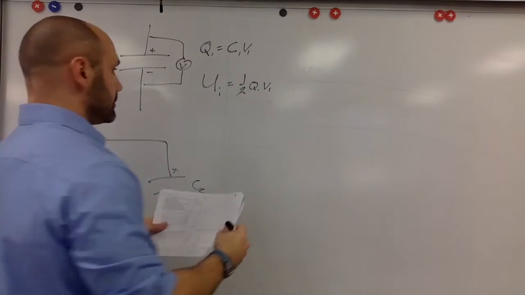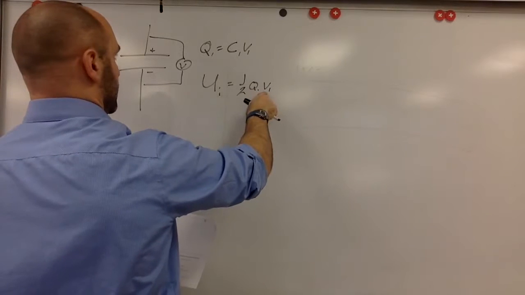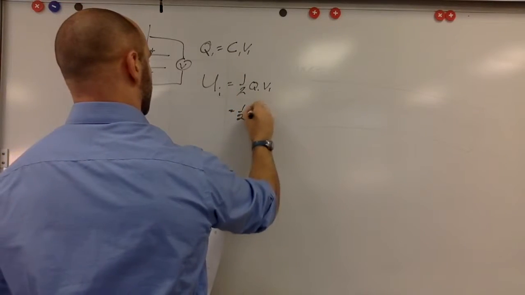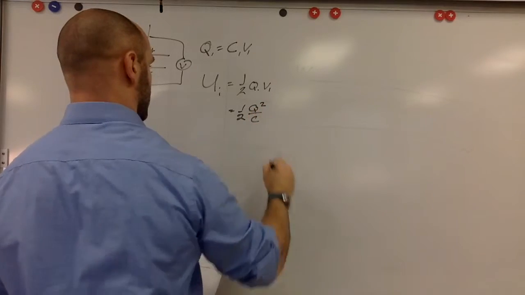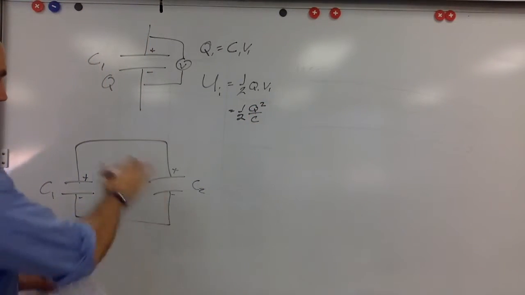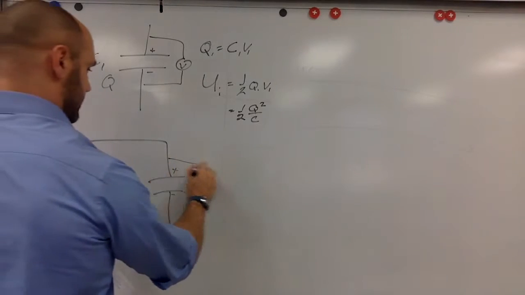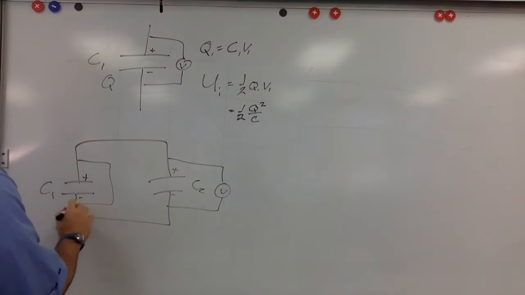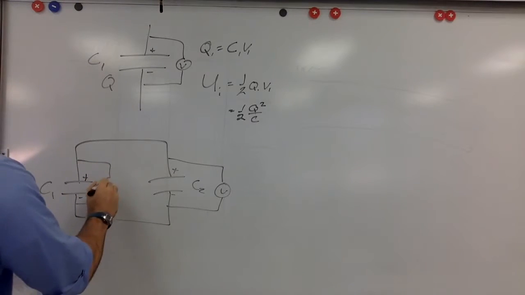So if I substitute in, I know that V is equal to Q over C, so this is 1/2 Q1 squared over C. Okay, so that works. Now let's take a look at this. This is going to have some voltage. This will have the same voltage actually.